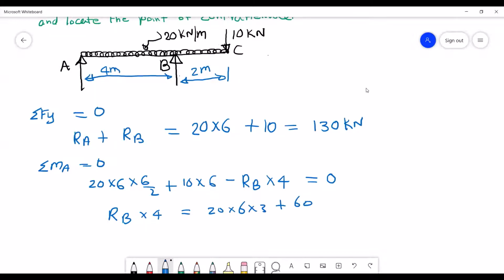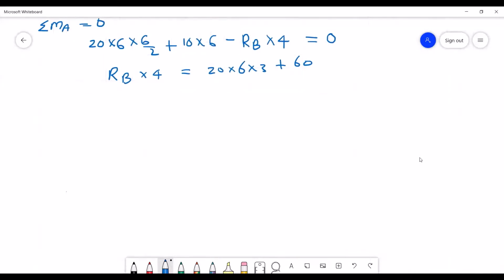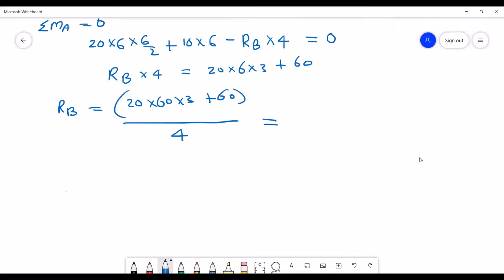So RB is 20 into 6 into 3 plus 60, divided by 4, and we get it as 105 kilonewton.